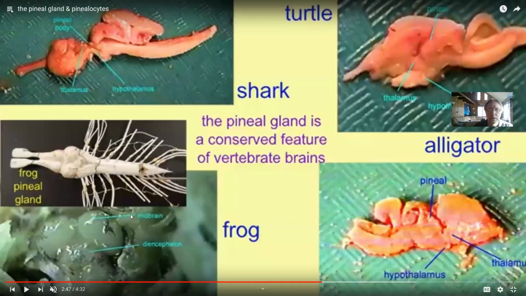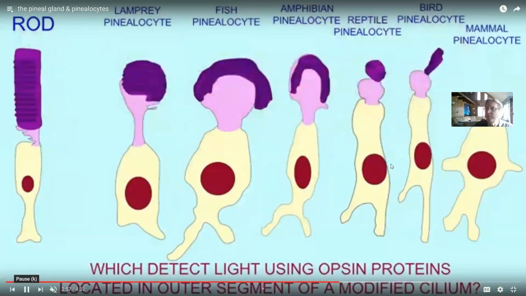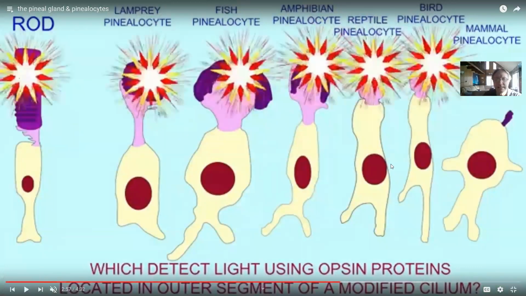So when we look at the brains of other vertebrates, there are pineal structures in the diencephalon of fish, of tetrapods, of amniotes, etc. Now, the fascinating thing about, well, actually, forgive me, I'll get into that in a, well, there are specialized neurons in the pineal glands. They have a modified cilium, which can actually detect light.